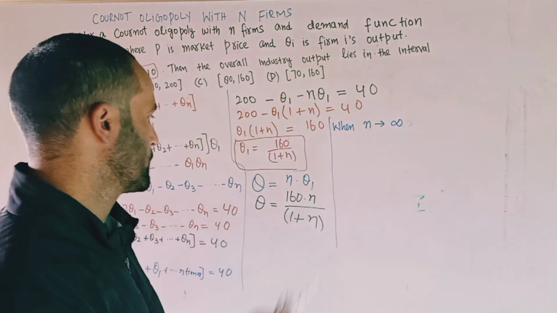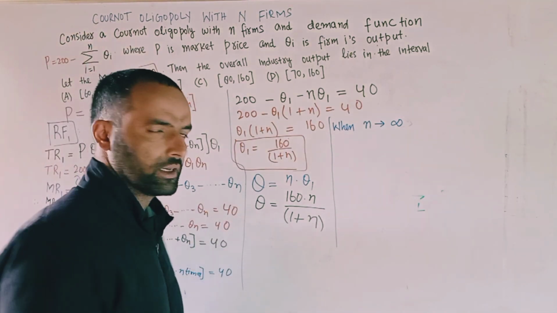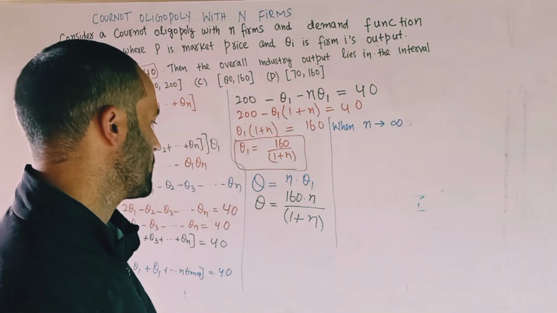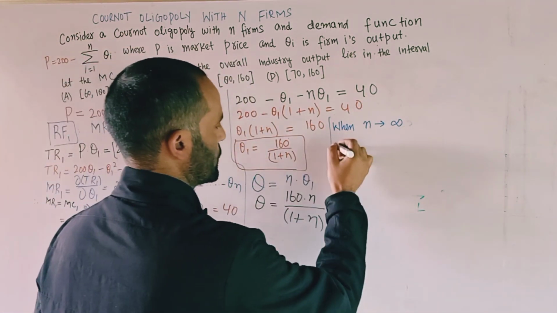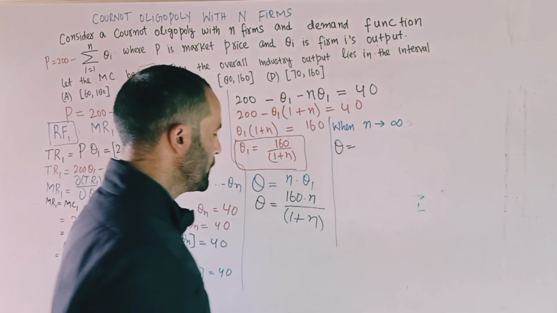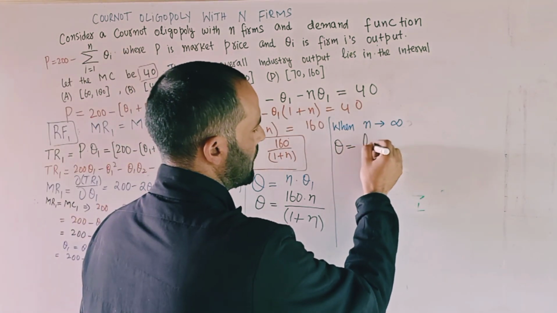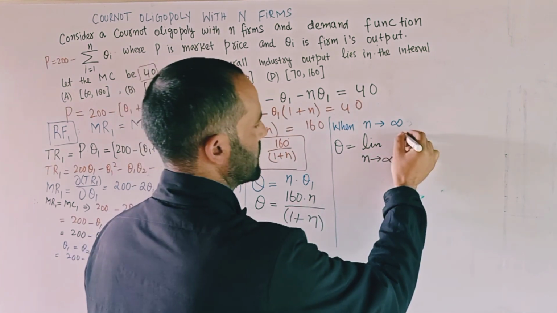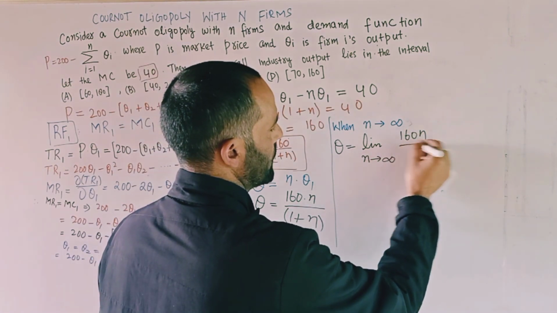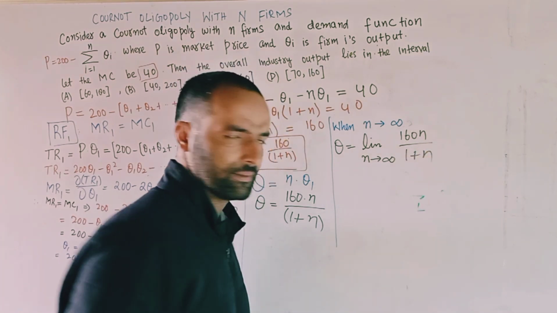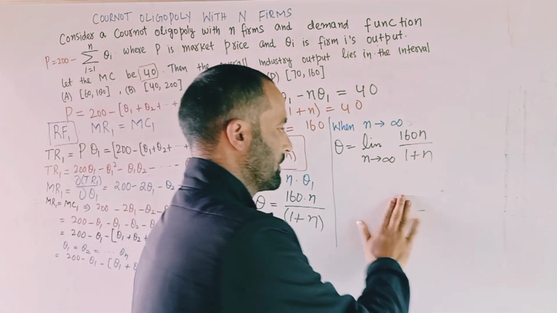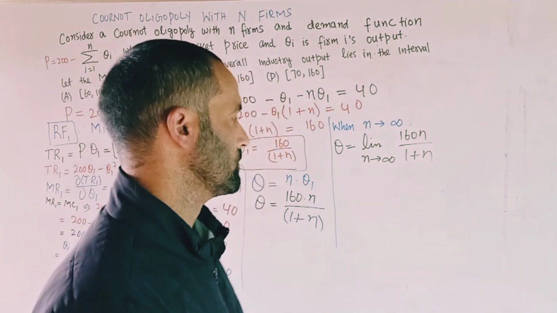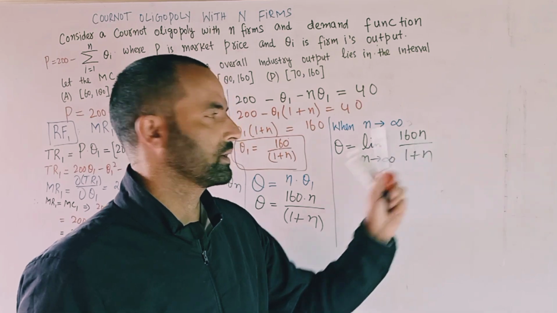In this equation, when n tends to infinity, when we have infinitely large number of firms, Q will be equal to the limit as n tends to infinity of 160 n divided by 1 plus n. Since we are taking n tends to infinity, we cannot just plug in infinity here.